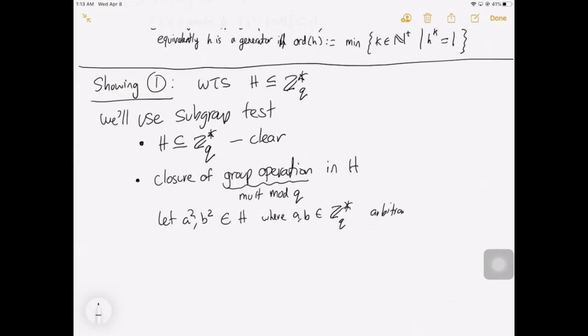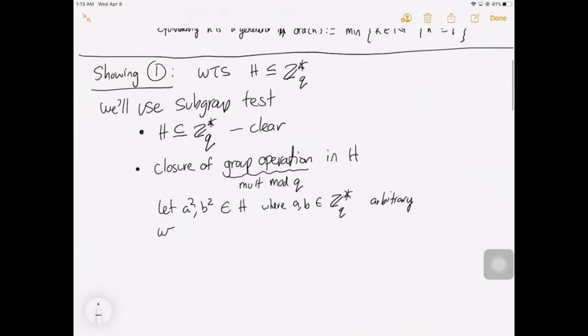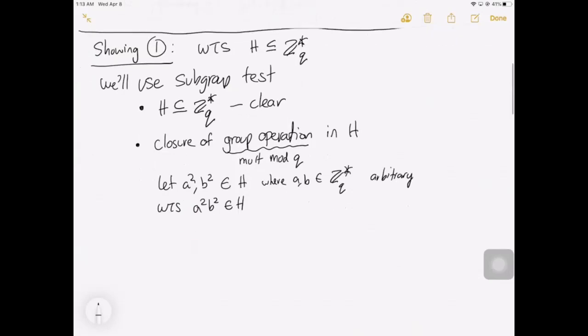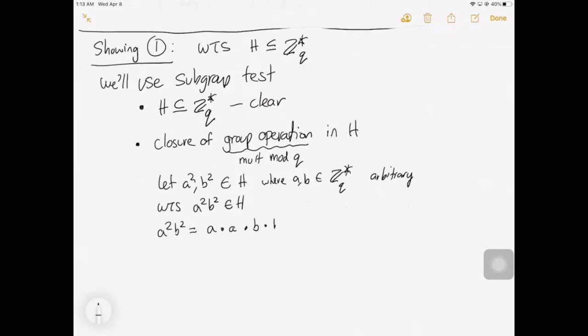We want to show that a squared times b squared is also in H. So what is a squared b squared? It is equal to a times a times b times b, where this operation is just multiplication mod q.